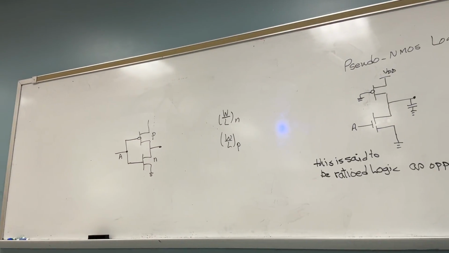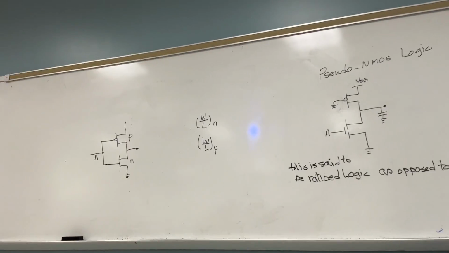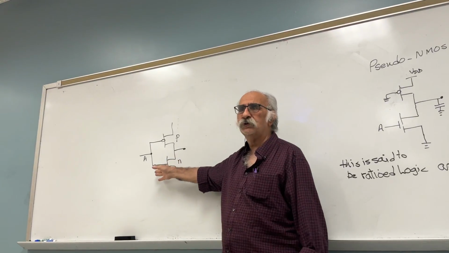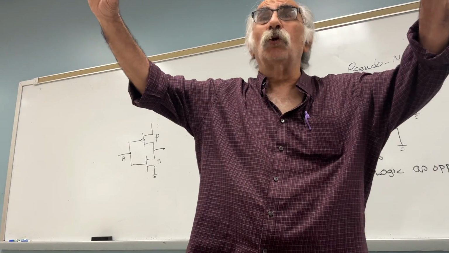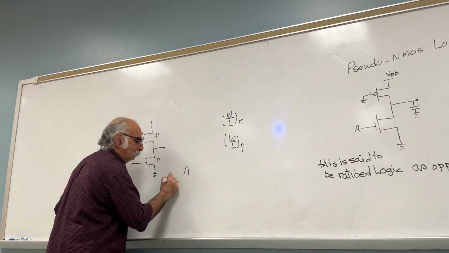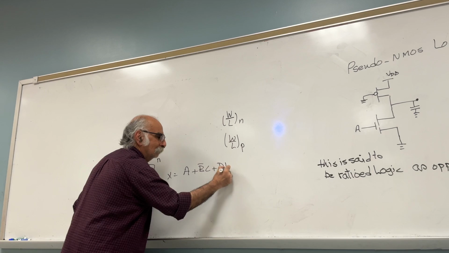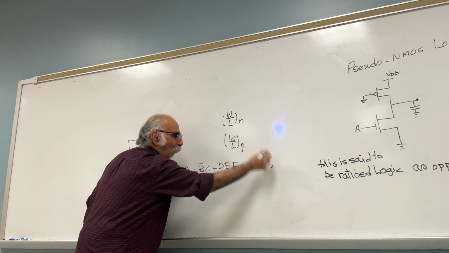But wait, what are we gaining over the static? How many transistors are we using here? 2. How many transistors are you using here? 2. Now I want you to think about the following. Suppose the logic is this, whatever.